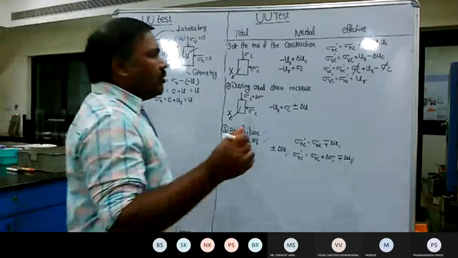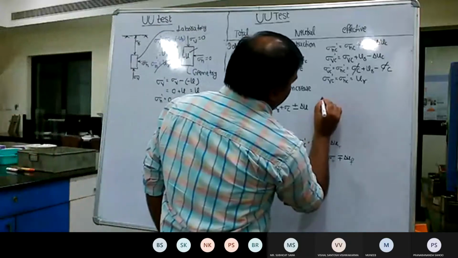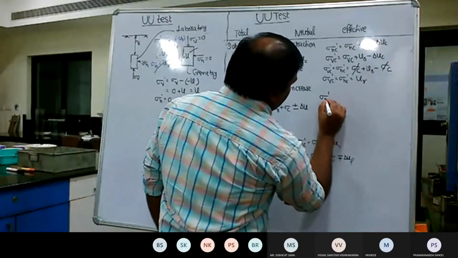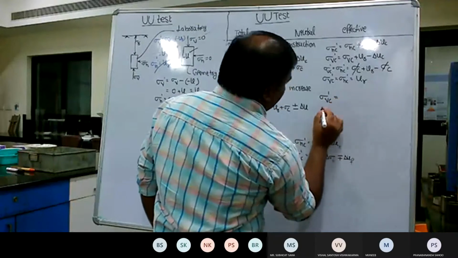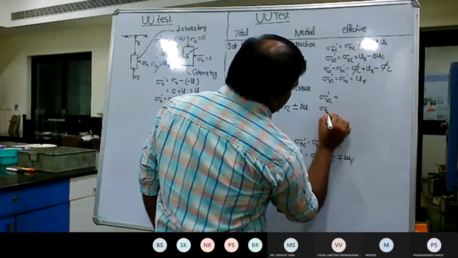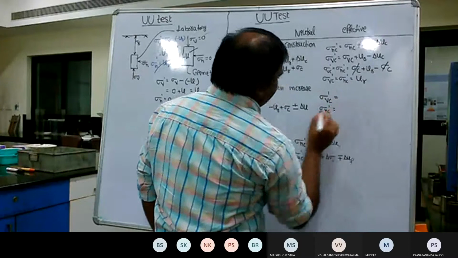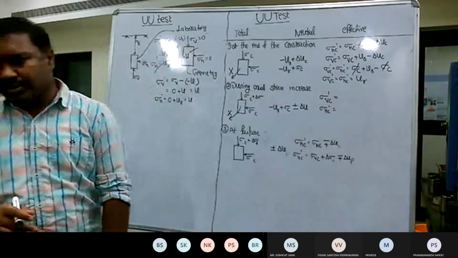Okay. Now we can rewrite what will happen to the effective stress in the vertical direction and the effective stress in the horizontal direction. So try to rewrite the equations.